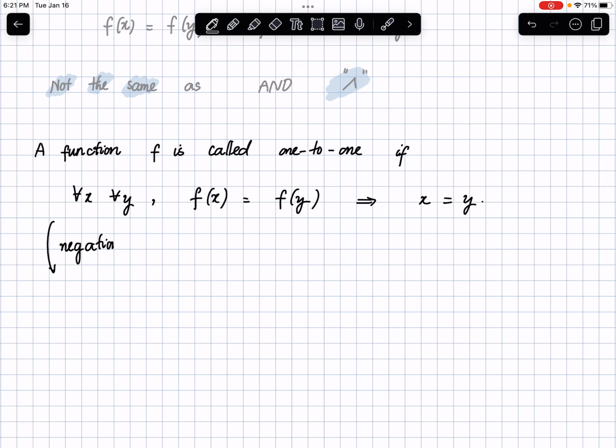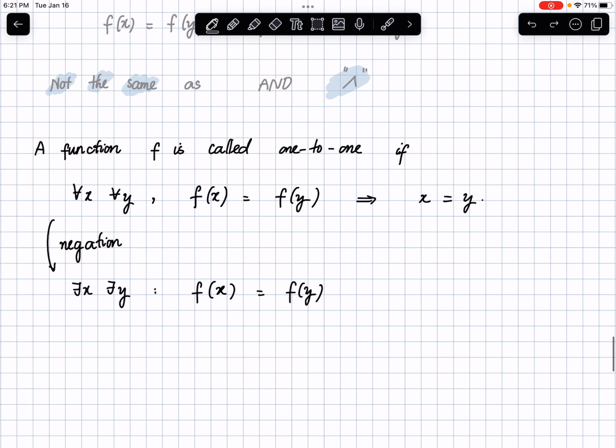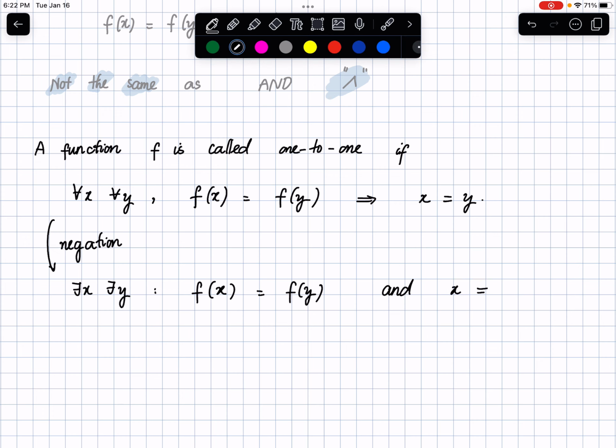Negation: there exists x, there exists y, such that p and not q, that is, f of x equal to f of y and, I write the "and" here, x is different from y.